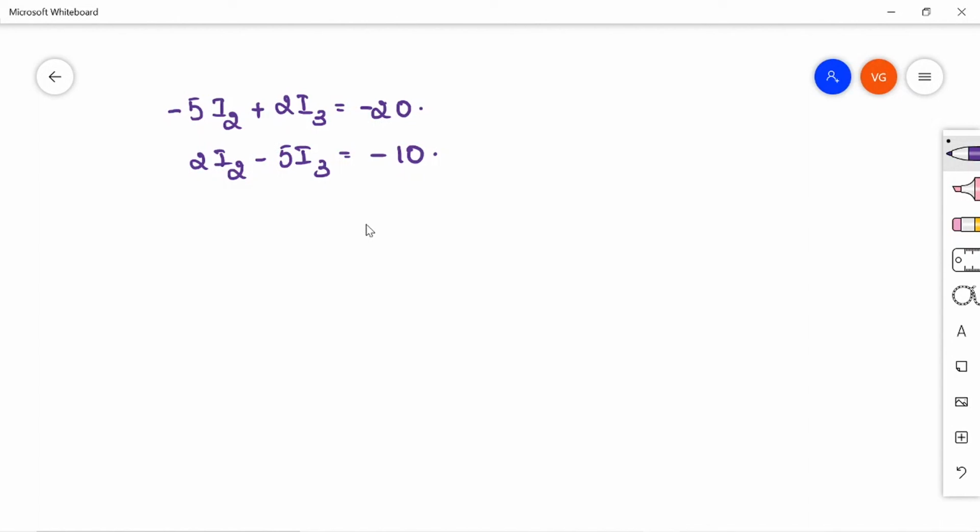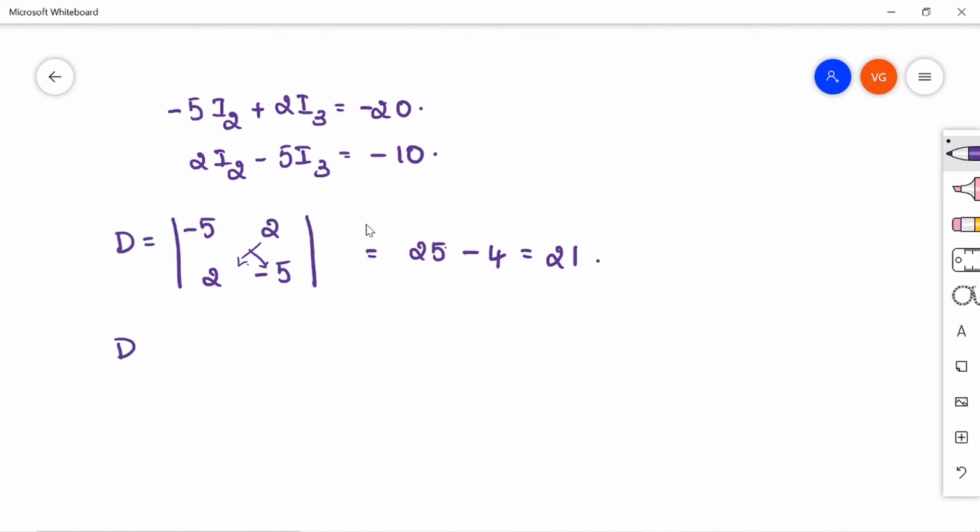As a token of practice, I am just using the matrix method. So write down the determinant here, that is minus 5, 2, 2, minus 5. The determinant is AD minus BC here. So minus of minus means that will be 25 minus 4, that is equal to 21.